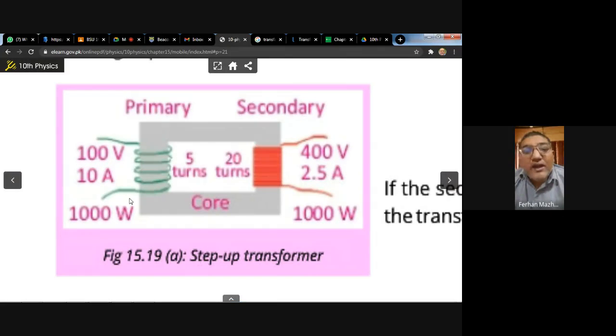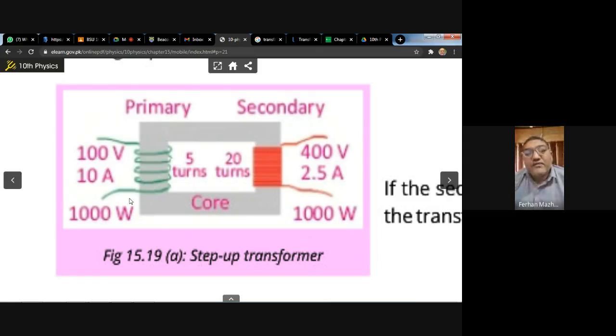In the primary coil, we have provided the alternating current, or we normally call it AC current. The direction of the AC current is continually changing. It flows in one direction, then it flows in the other direction, then again in this direction, then in the other direction. So we call it the alternating current.